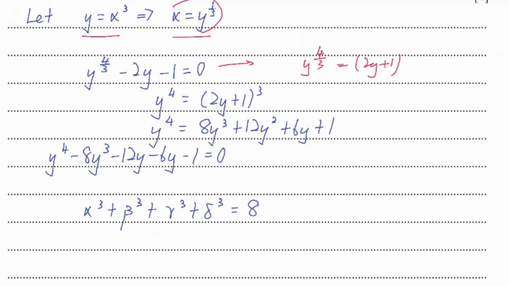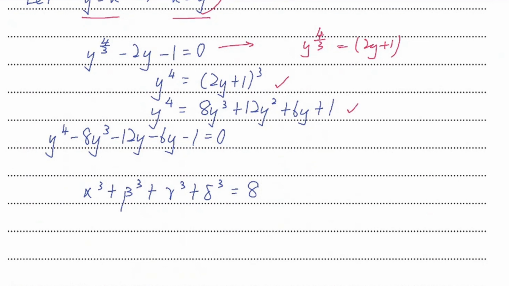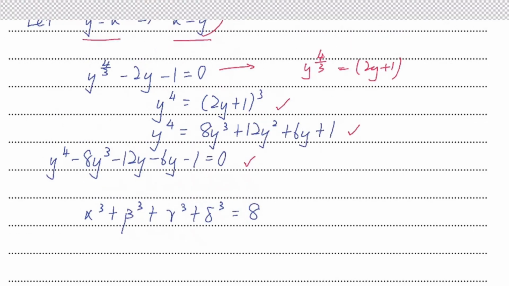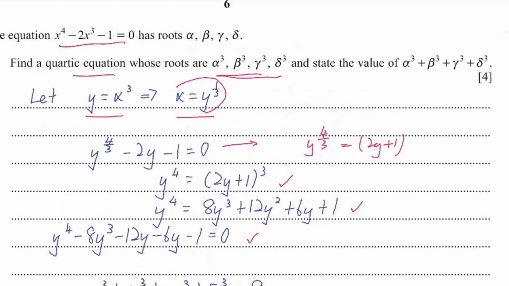So what we need to do is cube both sides, and then we just have to expand the right hand side. After we expand the right hand side and tidy up, this would be the equation that we obtain for the roots, which are alpha cubed, beta cubed, and so on.